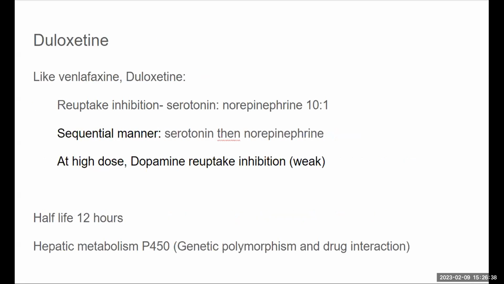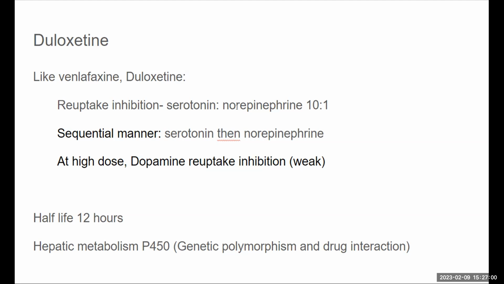Duloxetine, again, even though it is like venlafaxine and works on serotonin and norepinephrine, the relative effect on reuptake inhibition is 10 times. Instead of 30, now it's 10 times more for serotonin compared to noradrenaline. This too is in a sequential manner: first serotonin, then norepinephrine.